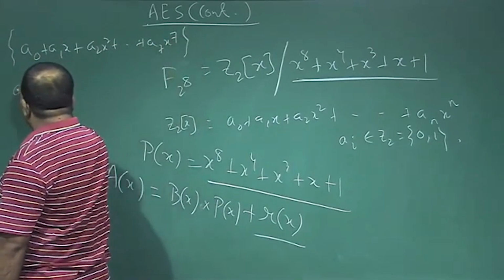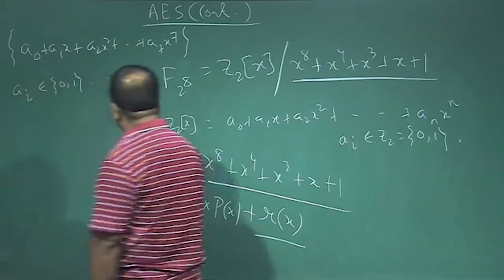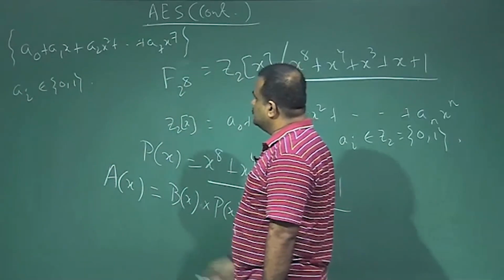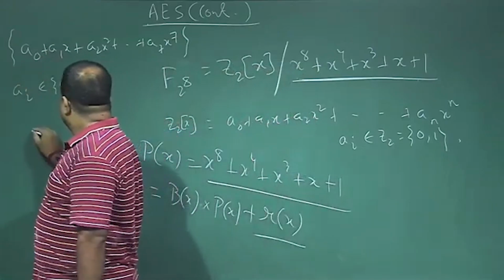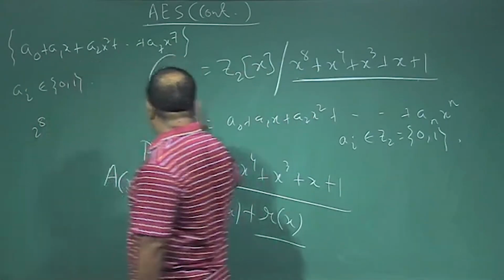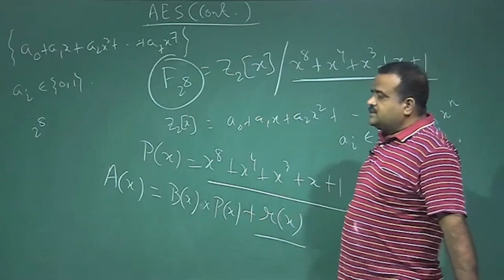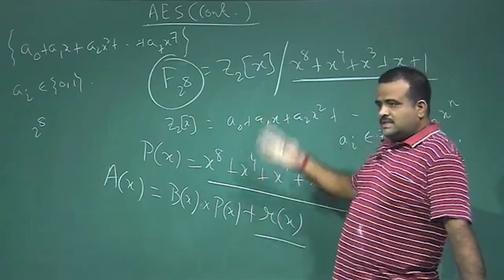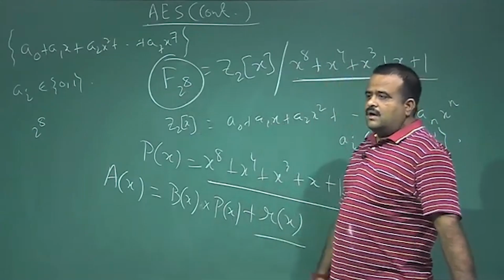Each of these ai's is 0 or 1. So there are 8 coefficients, and that's why the size of this set is 2 to the power 8. This is called a Galois field, a finite field, of size 2 to the power 8. So this collection, this set, will form a field.